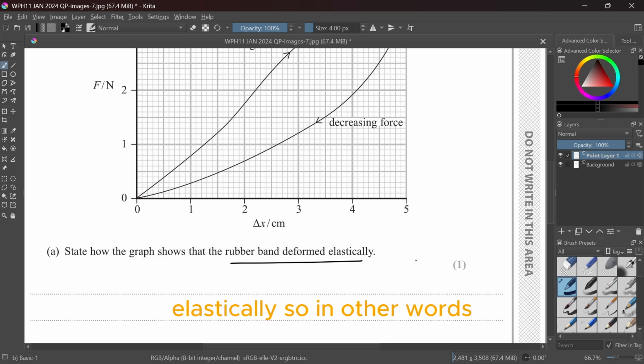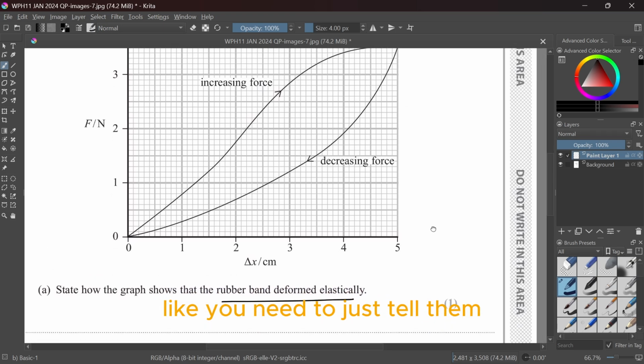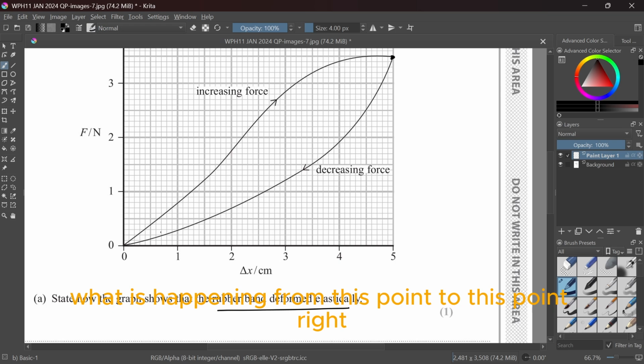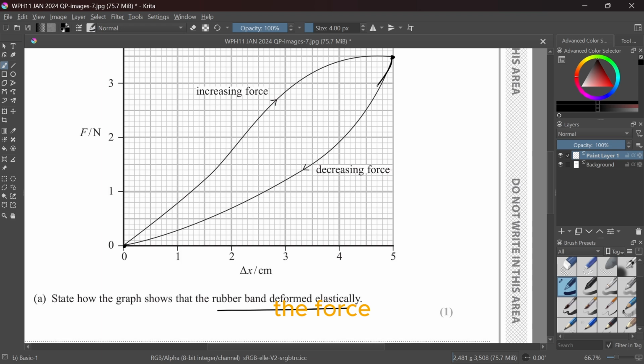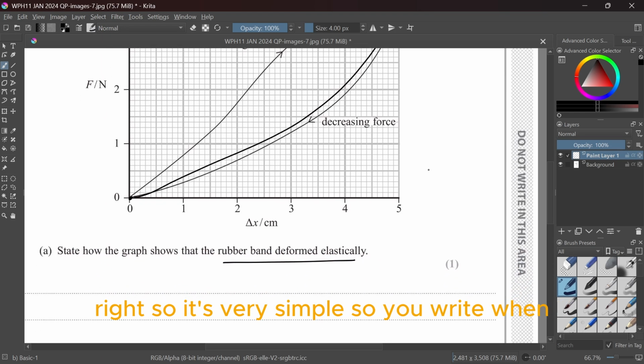So in other words, they're basically asking you to just tell them what is happening from this point to this point, right? So you just tell them when you remove the force, it's basically going down to its original length, right? So it's very simple.